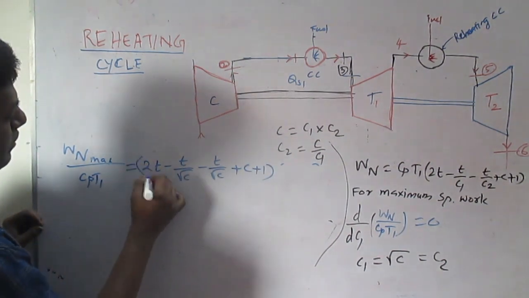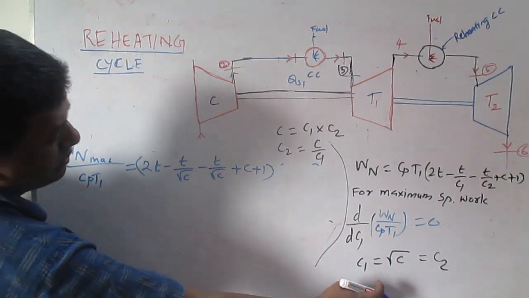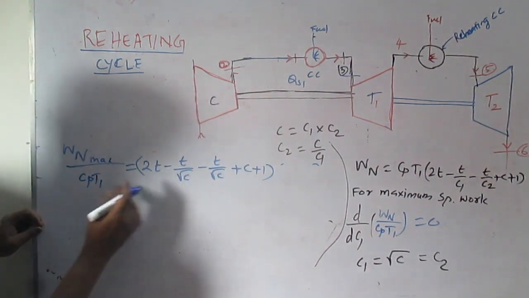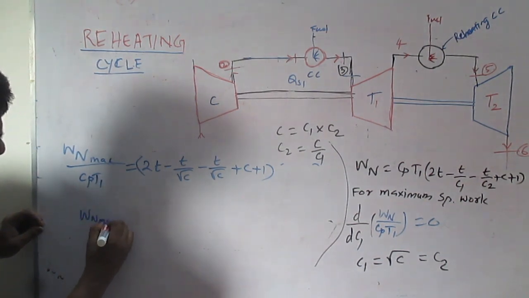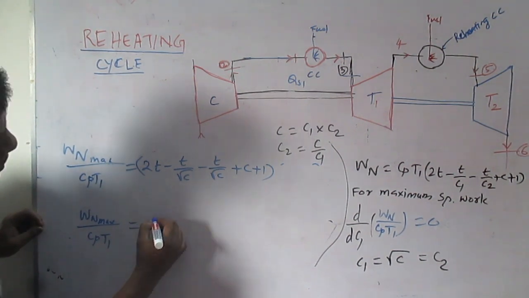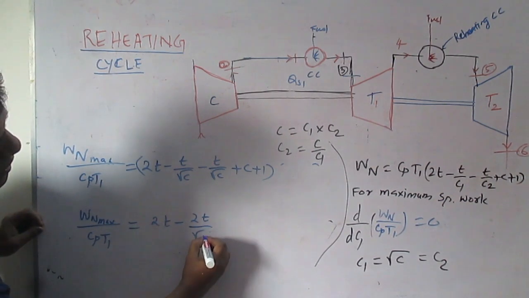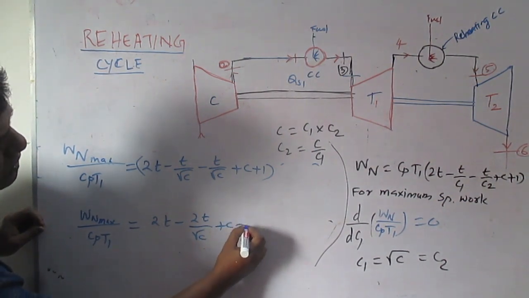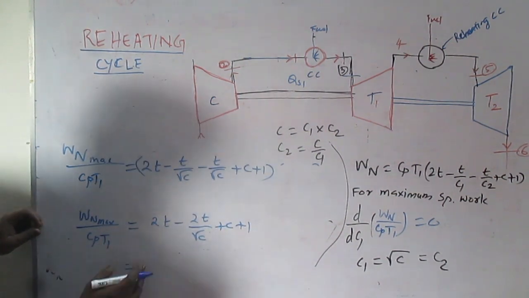After doing the differentiation and substituting, we are getting this. Again we can write W max by Cp T1 equal to 2T minus 2T by root C plus C plus 1. So this one we got.